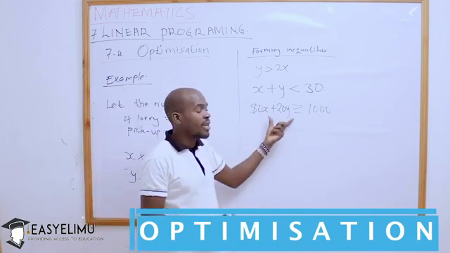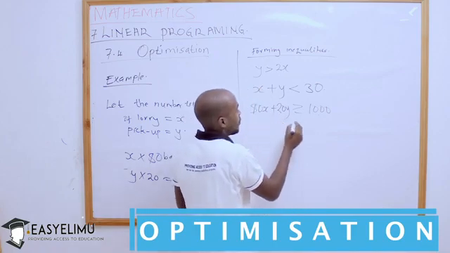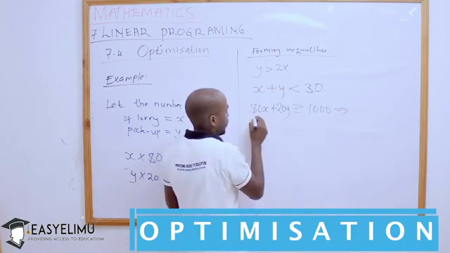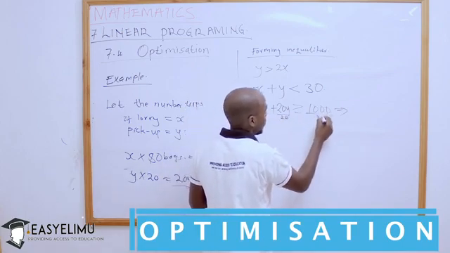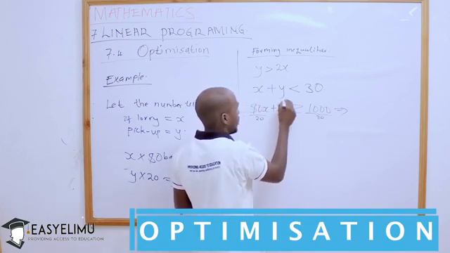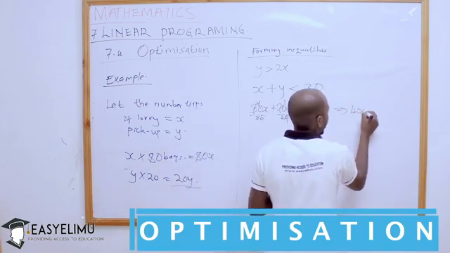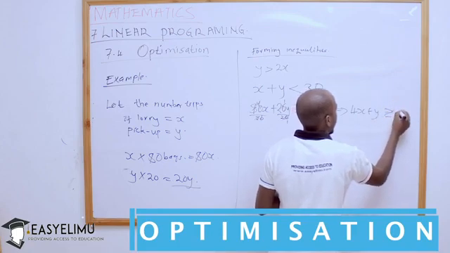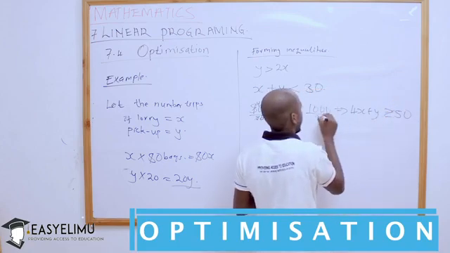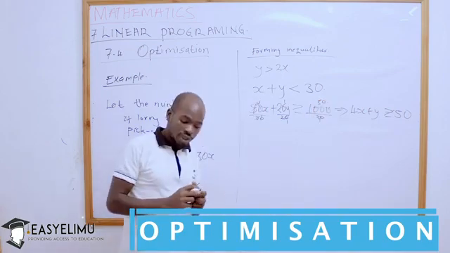If you simplify this inequality, you can divide both sides by 20 to simplify it further. You will have 4x plus y is greater than or equal to 50. So we have found that inequality.